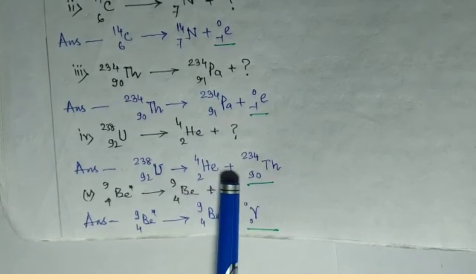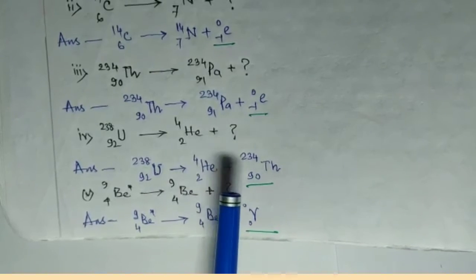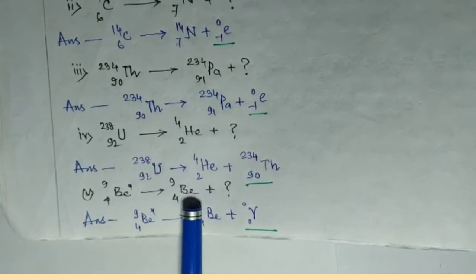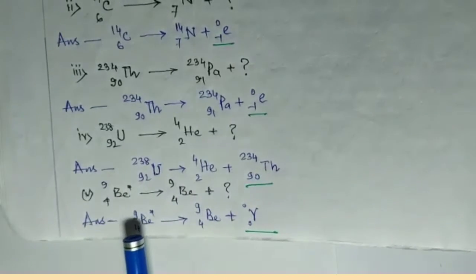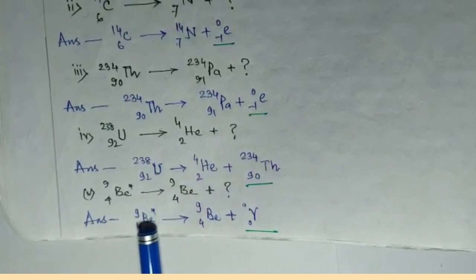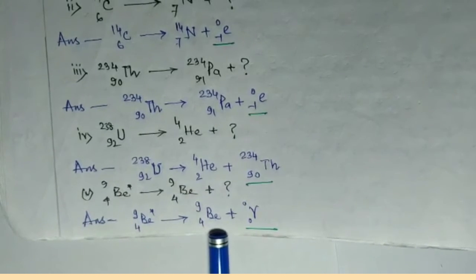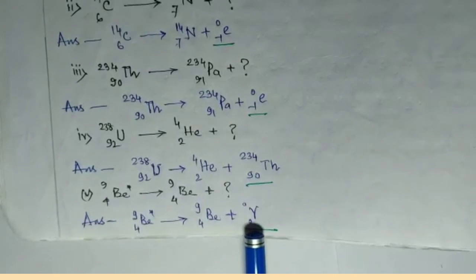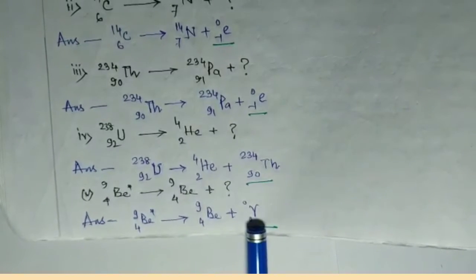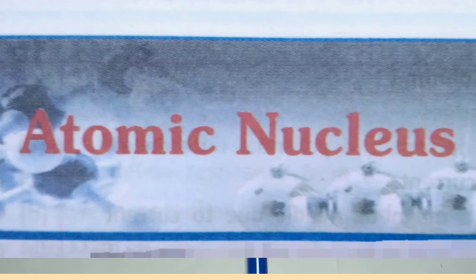And what is this particle or ray? Actually, in this reaction, beryllium in excited state release the energy to form the normal beryllium, and this released energy is in the form of gamma ray. So here gamma ray is the product.